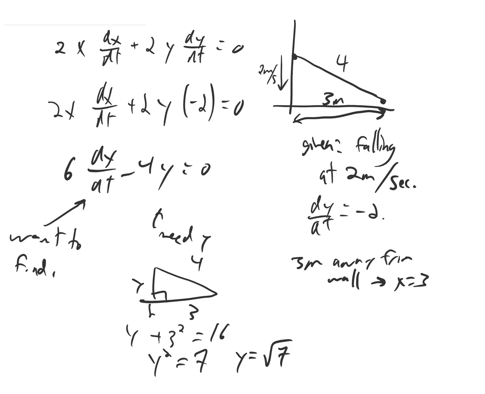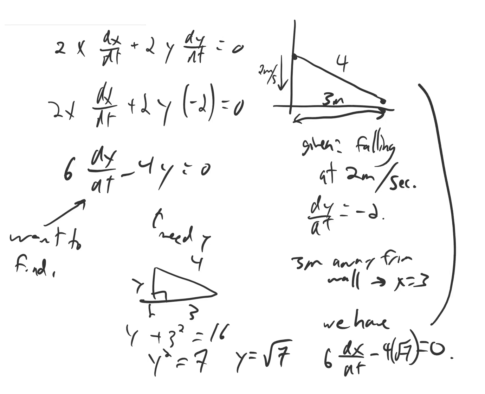I'm not going to say plus or minus the square root of 7 because these are distances, so they should be positive. So that means we have 6 dx/dt minus 4 times the square root of 7 equals 0.